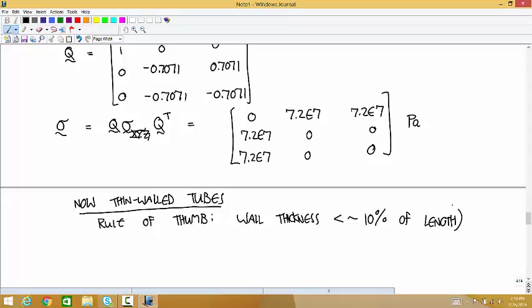And this approach assumes that the shear stress is the same all the way through the wall thickness.